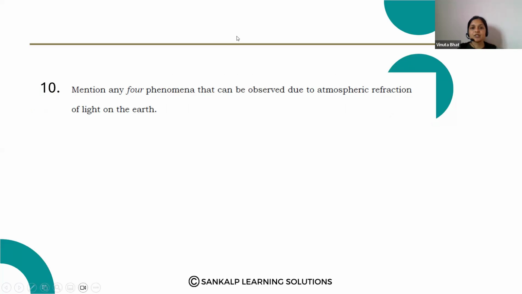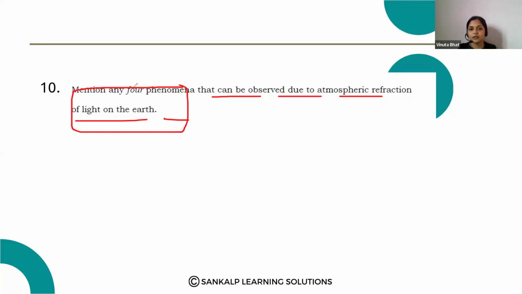Next question. Mention the 4 phenomena that can be observed due to the atmospheric refraction of light on the earth. What are the 4 phenomena?